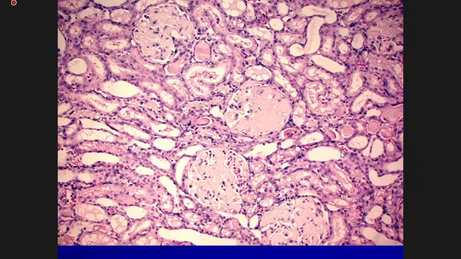In the big rounded area, the amorphous pinkish, structureless material is actually amyloid. This is the glomerulus. It's supposed to be formed by your arterioles, but there is amyloid protein deposition, so it appears as eosinophilic, which is pinkish, amorphous structure.